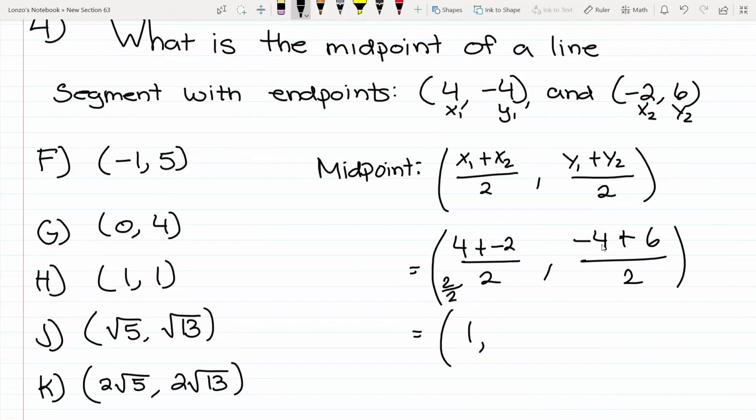And the same thing here, -4 plus 6 is 2, over 2, which is 1. So it is definitely H. Okay, not too bad.